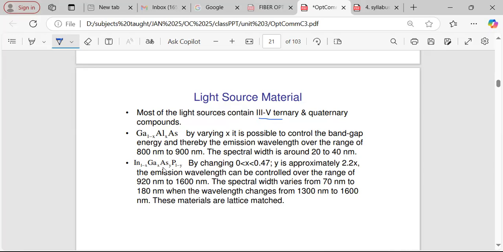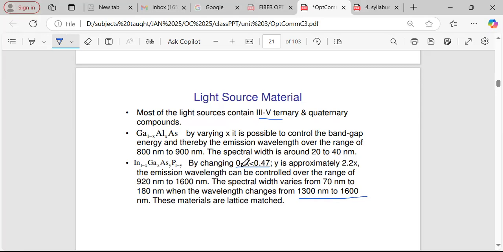X and Y show the proportion of each particular element. On the basis of changing the values of x and y, the emitted photon wavelength can be controlled. So the spectral width can vary from 70 to 180 nanometer, when the wavelength ranges from 800 to 900 nanometer. And this can be done by using this x parameter.